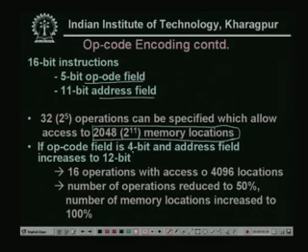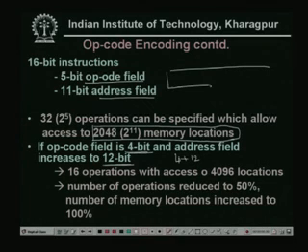Now, if the opcode field is 4-bit, initially it was 5-bit, now it is reduced to 4-bit, so my address field becomes 12-bit as the instruction set is 16-bit. So, this is 4 plus 12, 16-bit, because the instruction has two parts, one is opcode, one is address.